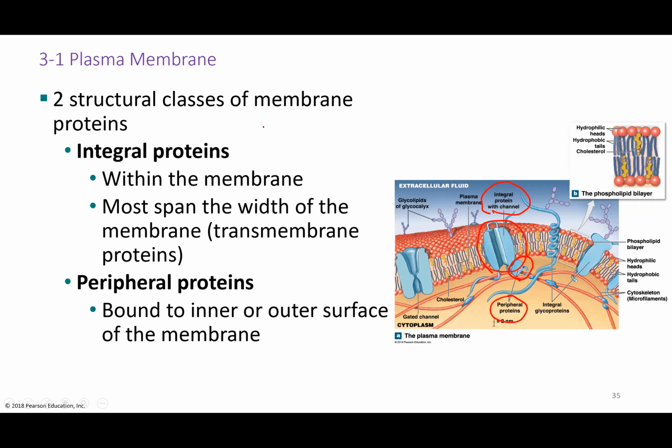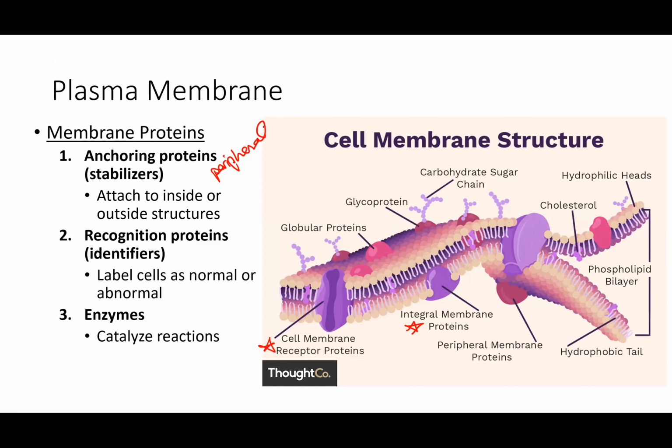Okay. Then you have recognition proteins. And these recognition proteins, for example, right here, looks like a recognition protein, identifies the cell as being normal or abnormal.